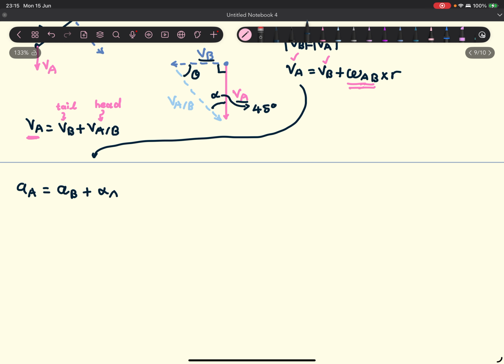So alpha AB crossed with R plus omega AB into omega AB crossed with R, right? And we've solved for that. We still don't know this. And we can solve for this, right?